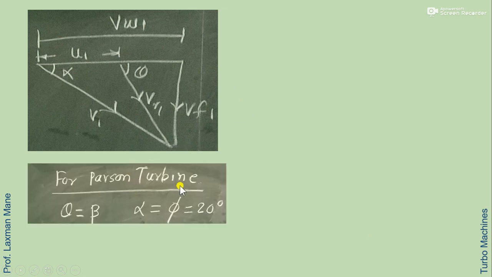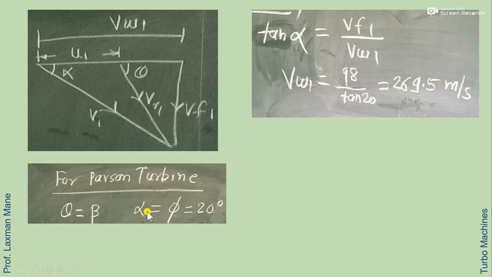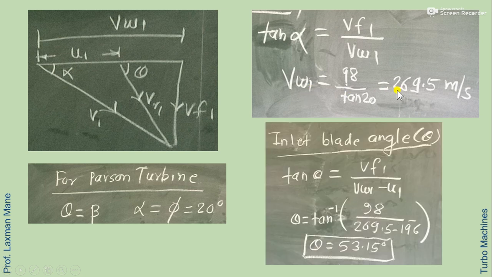Further calculation for the Parsons turbine, using the concept of equal blade angles, using tan alpha ratio for the inlet velocity triangle, we can get value of Vw1. Then after we use tan theta relation, we find the value of theta, that is inlet blade angle.